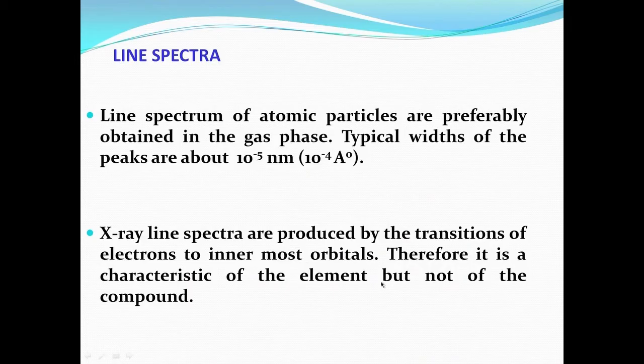So, at the atomic level, X-ray lines are produced. It is not a molecular spectra, but an atomic spectra. So, it is characteristic of the element, but not of the molecule or a compound. That is special about X-ray.